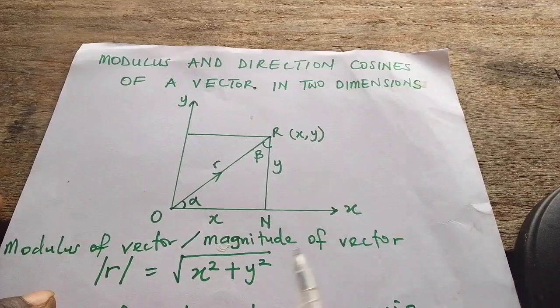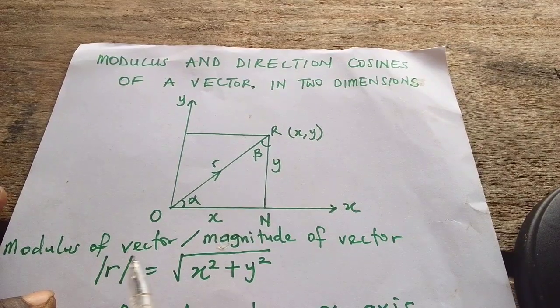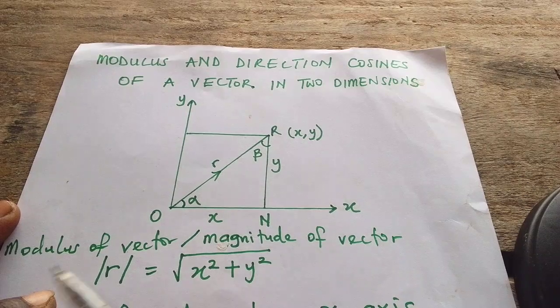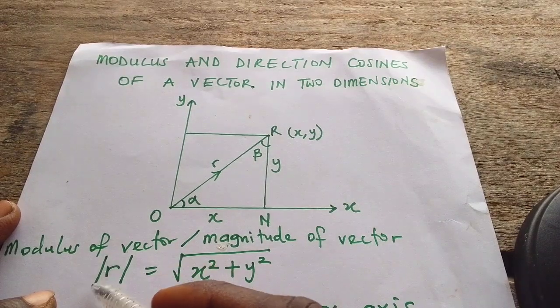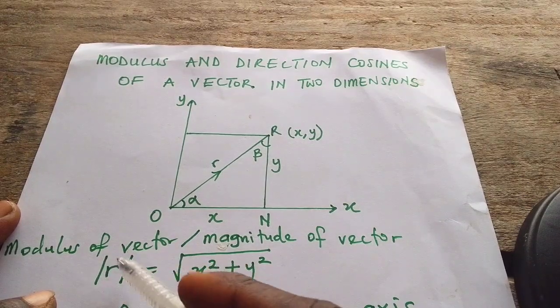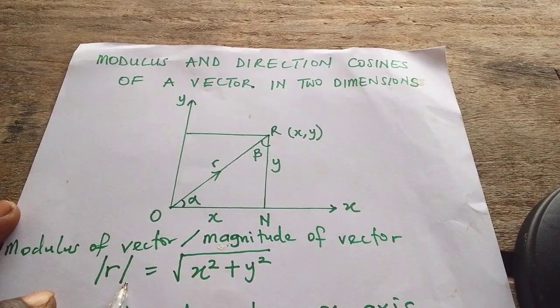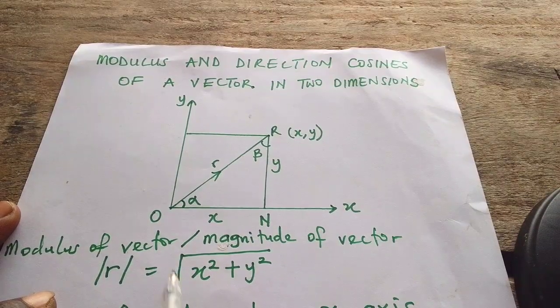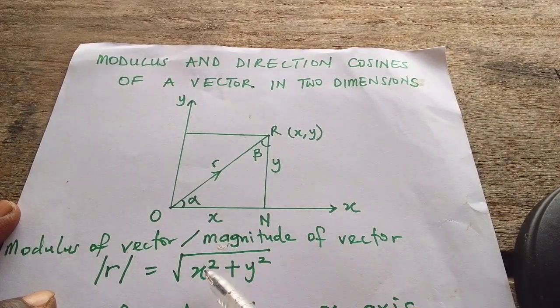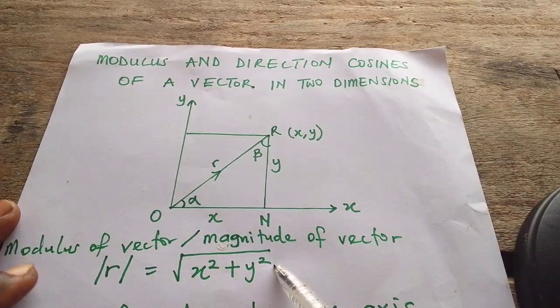If you are talking of the modulus of a vector, you still mean the same as magnitude of a vector. So we use this sign, two lines like this, to show that you are talking about the modulus, or the magnitude of the vector. To calculate the modulus of the vector, you say that it is the square root of the square of the x component plus the square of the y component.